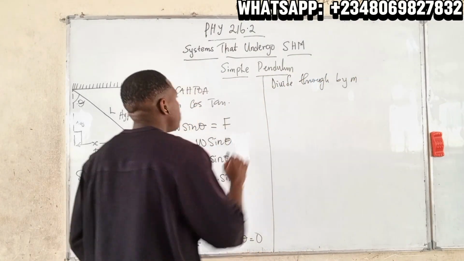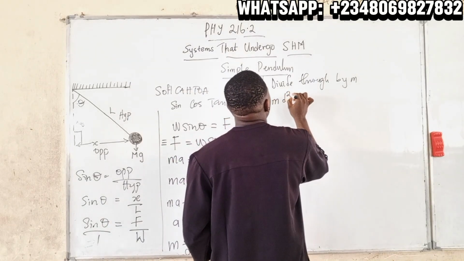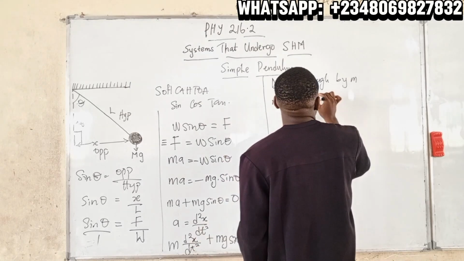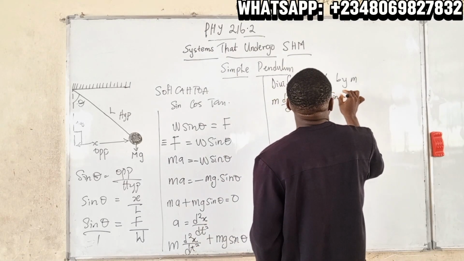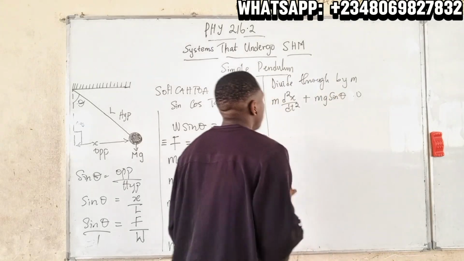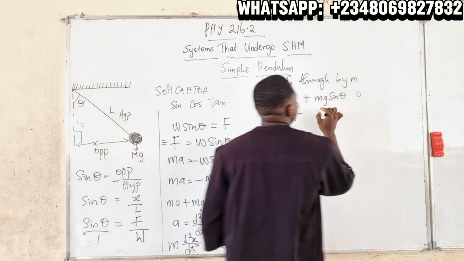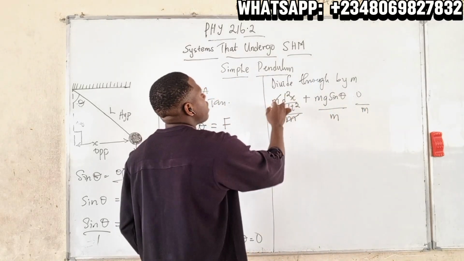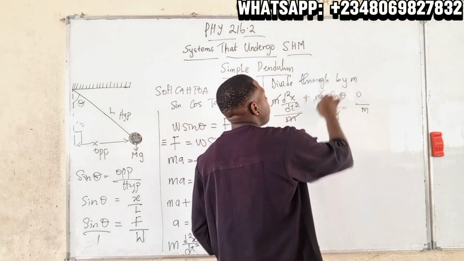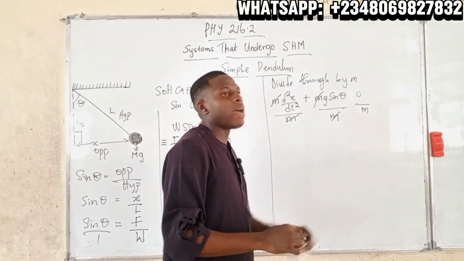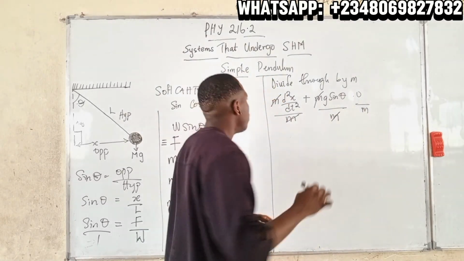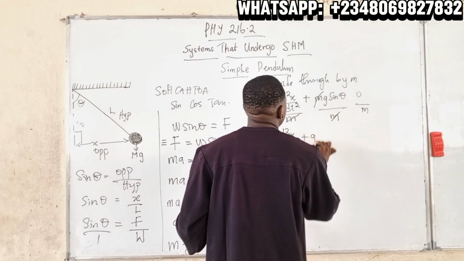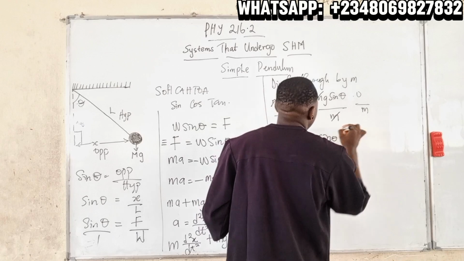If you do that, you have m d square s over dt square plus mg sine theta is equal to 0, each term divided by m. The m will simply cancel out this m, and 0 divided by m is the same thing as 0. So basically, we have d square x over dt square plus g sine theta equal to 0.